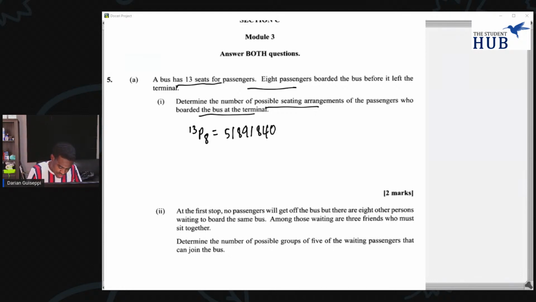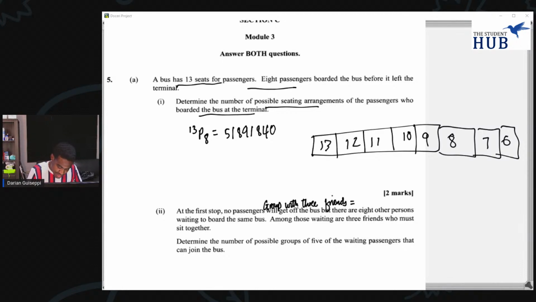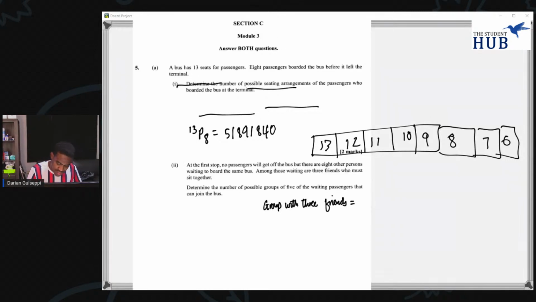What we can do here, and I'm just going to make the question a little bit smaller for a second, the first thing we need to do is find the group with the 3 friends.